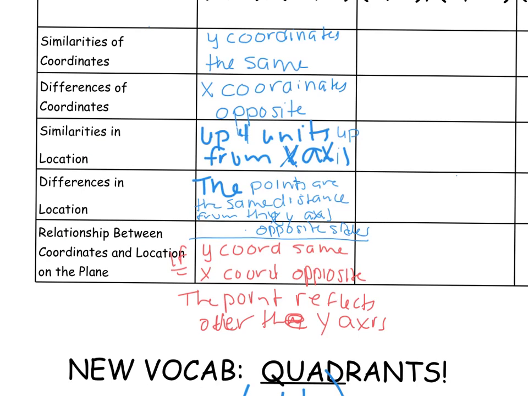If the y-coordinate is the same, but the x-coordinates are opposite, the point reflects, so the new image from the original image reflects over the y-axis. So y-coordinate the same, x-coordinate opposite, reflects over the y-axis.